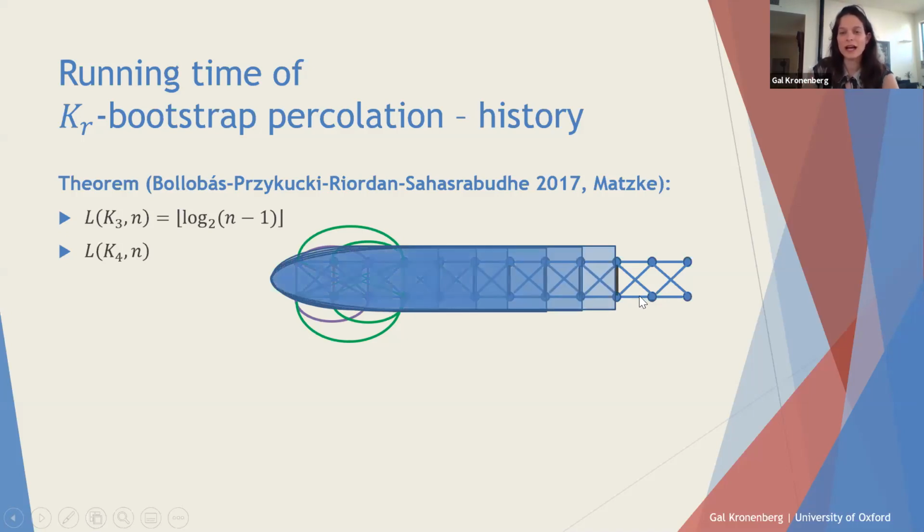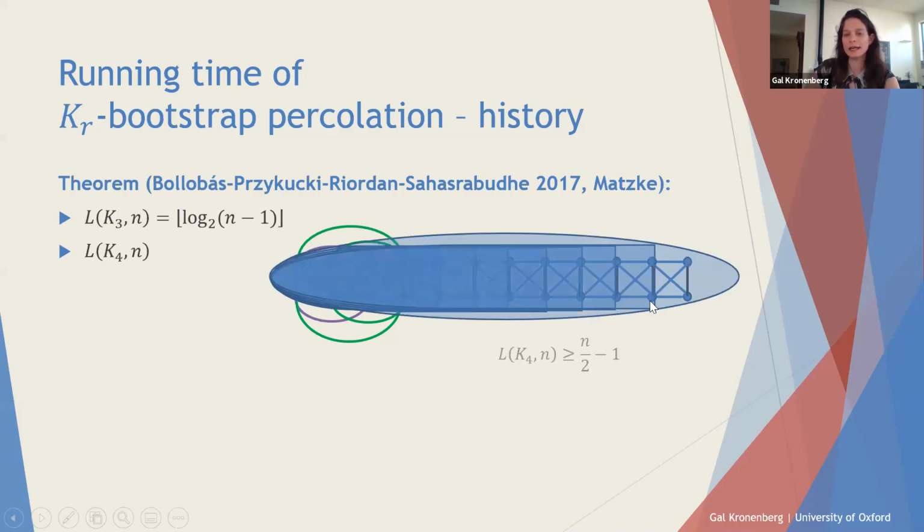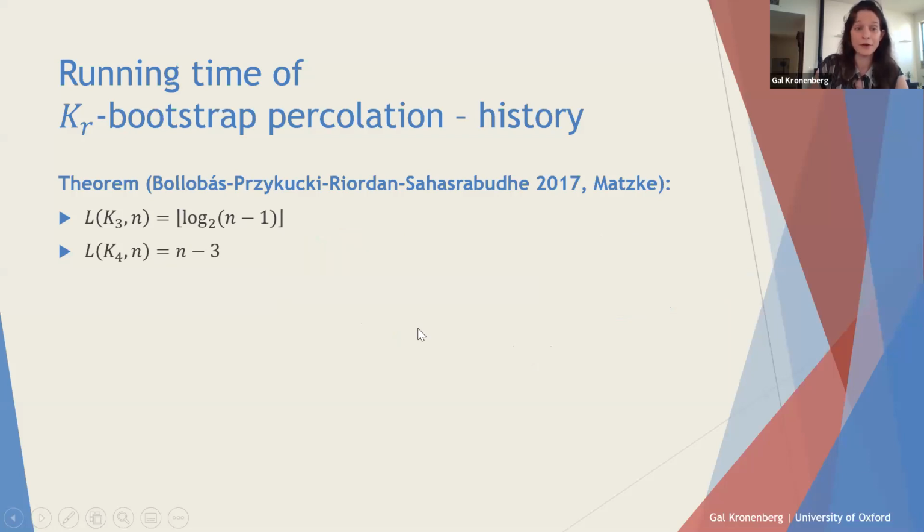So I need to actually add them one by one, and this will give me a linear lower bound. And the question is whether a linear lower bound is the correct bound. These two groups of authors showed that the linear bound is the correct order, but with a better constant. They showed that the answer is exactly n-3.